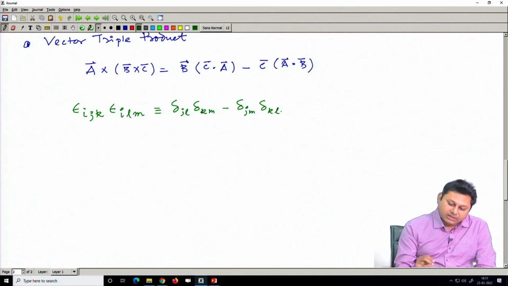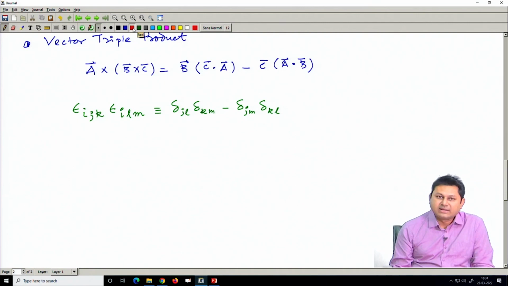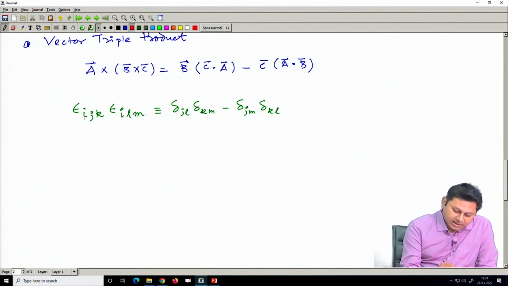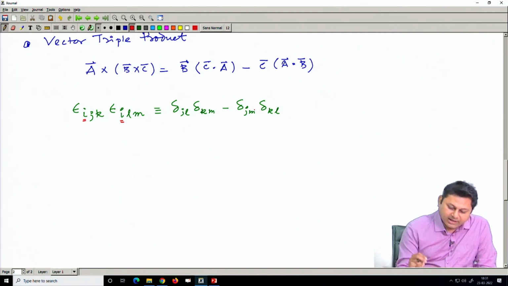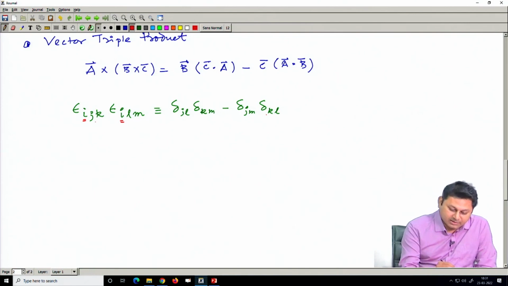So, you need to be careful here, but there is a simple way to remember it, the way I remember it. This is i here, i here. So, on the right hand side there should not be any i, because I am dealing with the ith component here. Then jk is sitting here and lm sitting here.